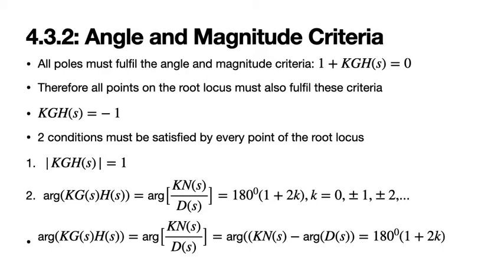Applying this concept, the magnitude of KGHS equals 1, and then the argument of KGHS, which is actually the argument of the numerator over denominator, equals 180 degrees times 1 plus 2k. The application will be discussed further in the next topic of the root locus.